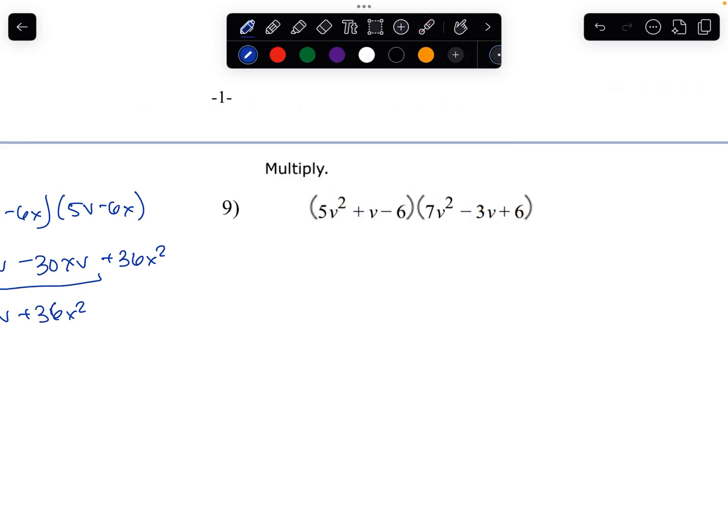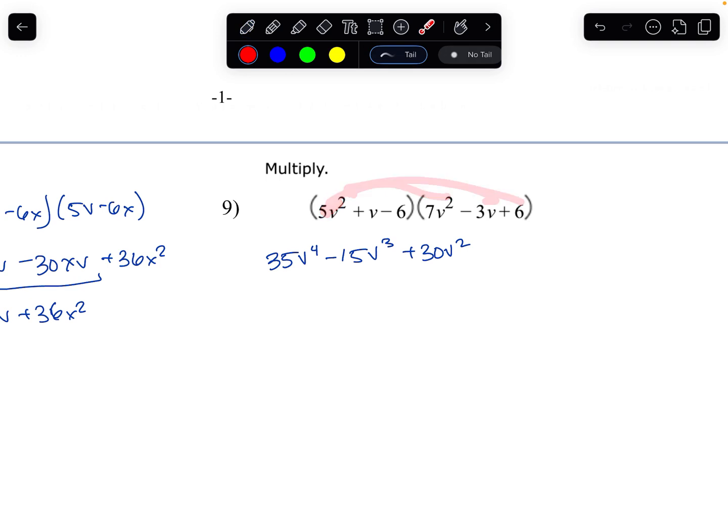So 5v squared times 7v squared is going to be 5 times 7. I am so bad with multiplication. That's going to be 35, I think. Yep, 35v to the 4th when I multiply those together. Multiply those together, I get negative 15v to the 3rd. And then that's going to be plus 30v squared. So I multiplied this by all 3 terms.